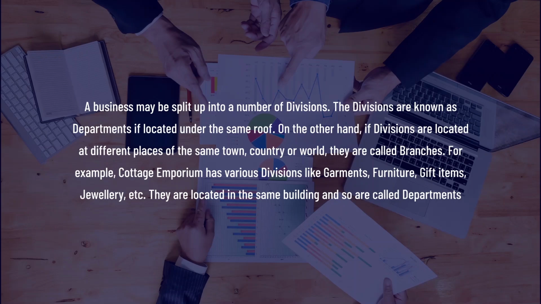So keep this distinction in mind: if divisions are located under the same roof, they are known as departments, and if they are located at different places of the same town, country or worldwide, they are known as branches. For example, the Cottage Emporium has various divisions like garments, furniture, gift items, jewelry, etc. They are located in the same building and so are called departments.